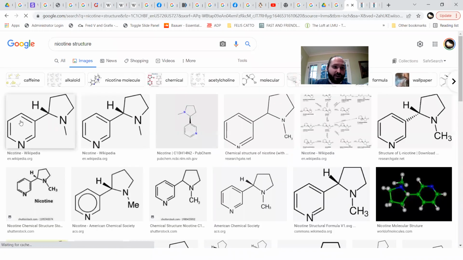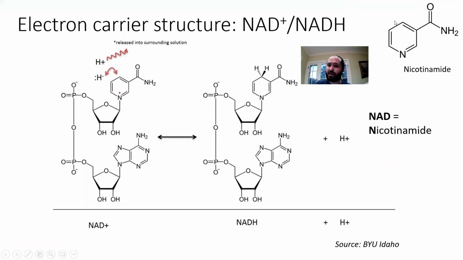It has a pyridine ring, and then a cyclic nitrogen group over here. So that's nicotine. Nicotinamide has the pyridine ring, but then an amide. So that's where it gets its name from. It's similar, but I don't think nicotinamide is derived from nicotine. I think it's just a similar structure.